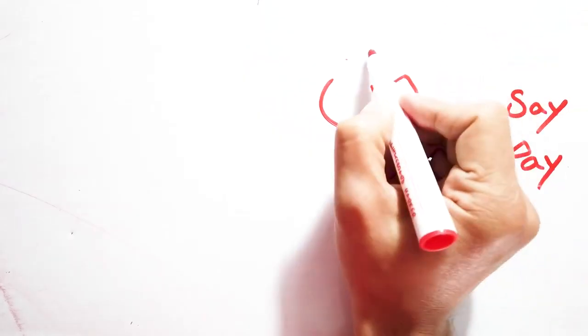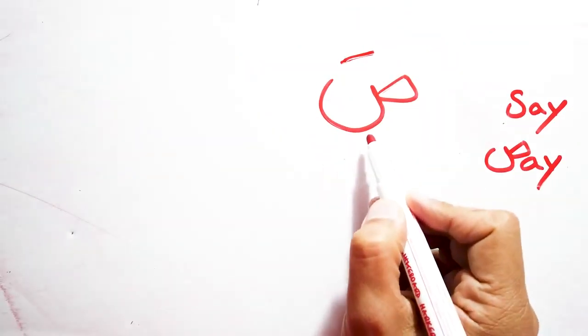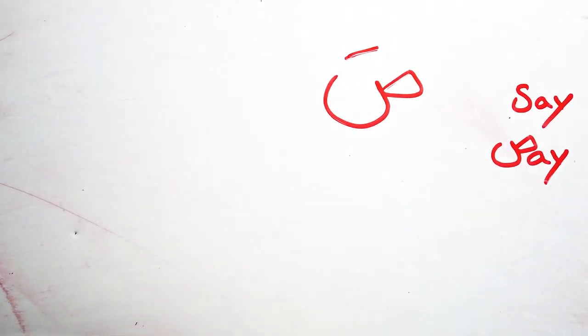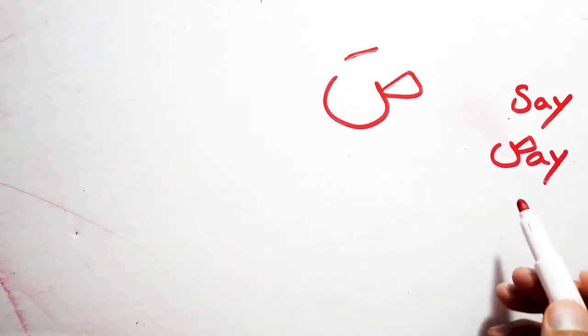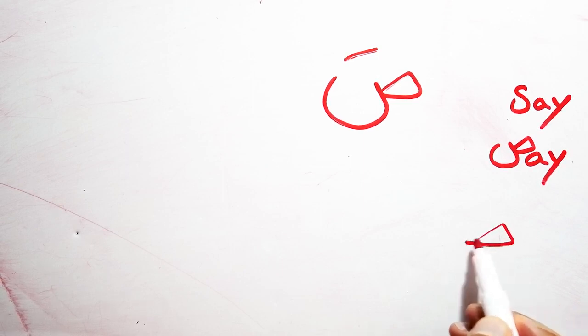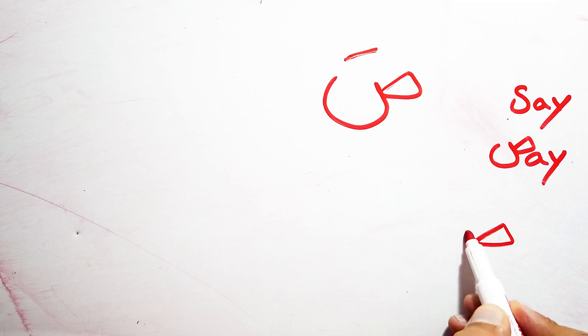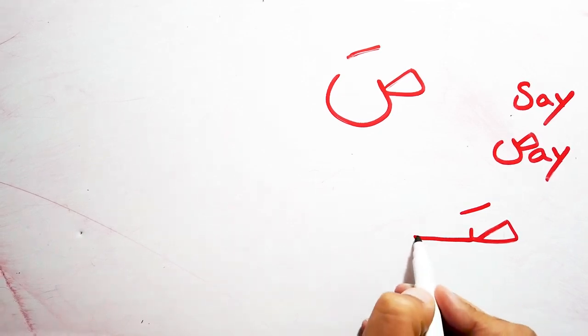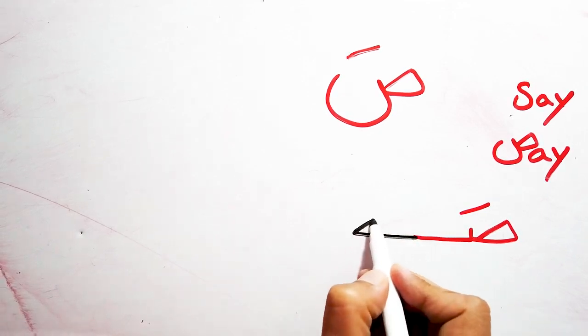Okay, when I add this mark on the top, we have saw. Let's see the shapes of saw in the word. So saw in the beginning of the word is like this. Saw in the middle of the word is like this.